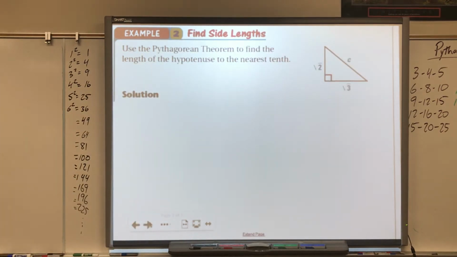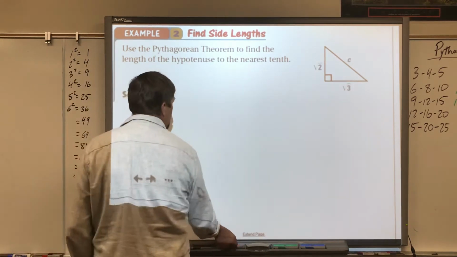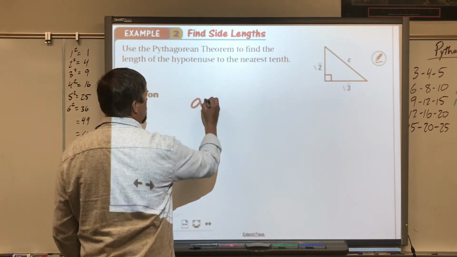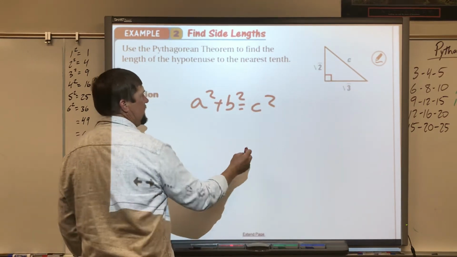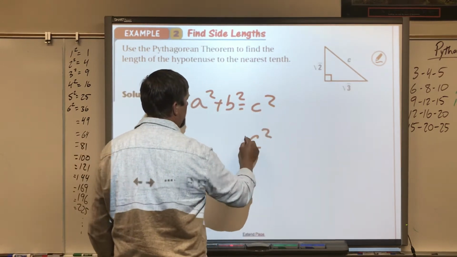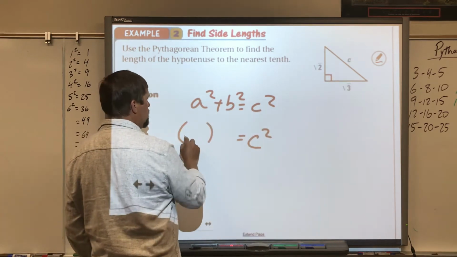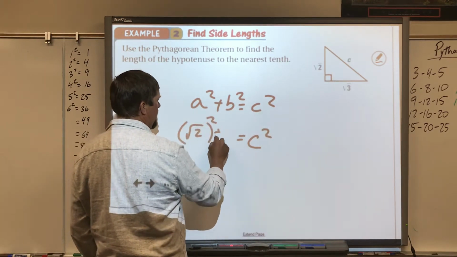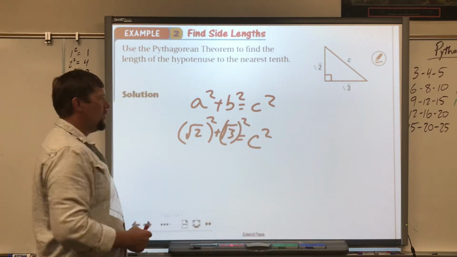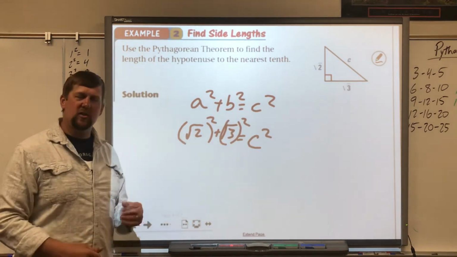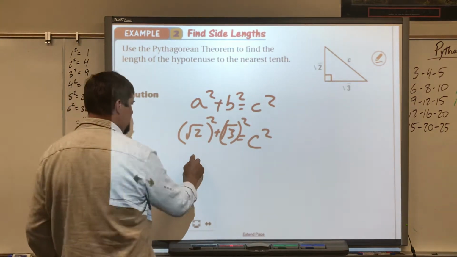Using the Pythagorean theorem to find the length of the hypotenuse: a squared plus b squared equals c squared, and c is what I'm looking for. So the square root of 2 squared plus the square root of 3 squared equals c squared. Now when you square a square root, you just get the number inside.